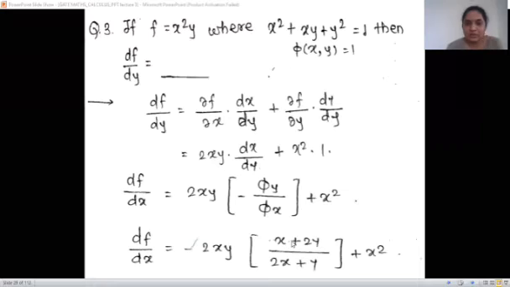The derivative with respect to y is x plus 2y, upon the derivative with respect to x, it is 2x plus y. And simplifying this, we get the answer. This is the answer. No need to simplify more. This will be your answer.